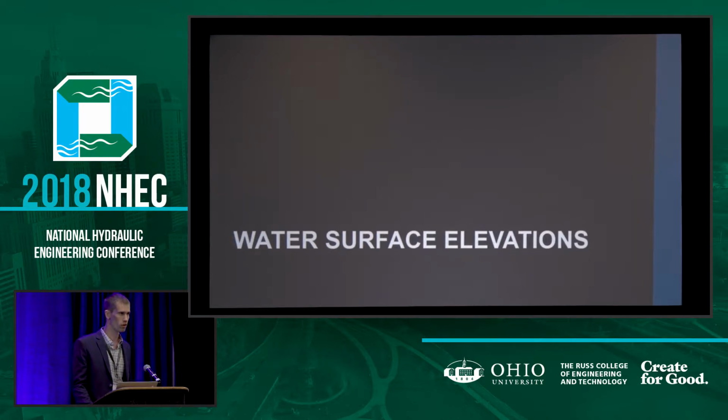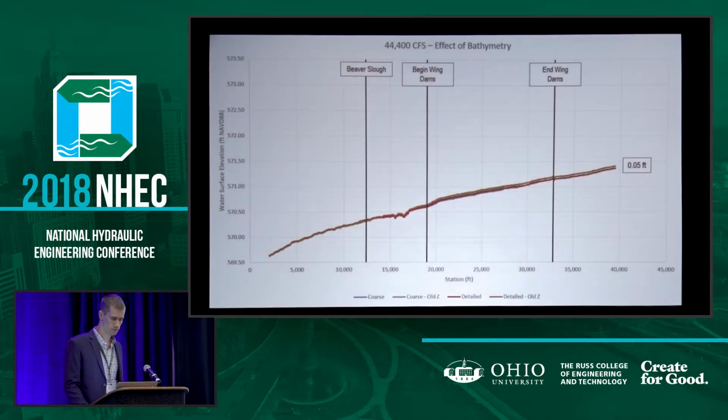So then I looked at water surface profiles through the length of the pool. This first slide is at 44,000 CFS again, and this is comparing the coarse and detailed meshes using the old terrain data. We've got a few locations called out there: the entrance to Beaver Slough, where the wing dams begin in the reach, and where the wing dams end in the reach.